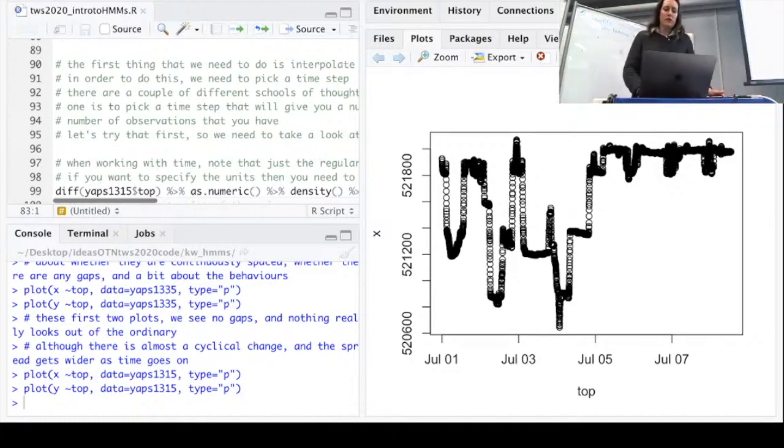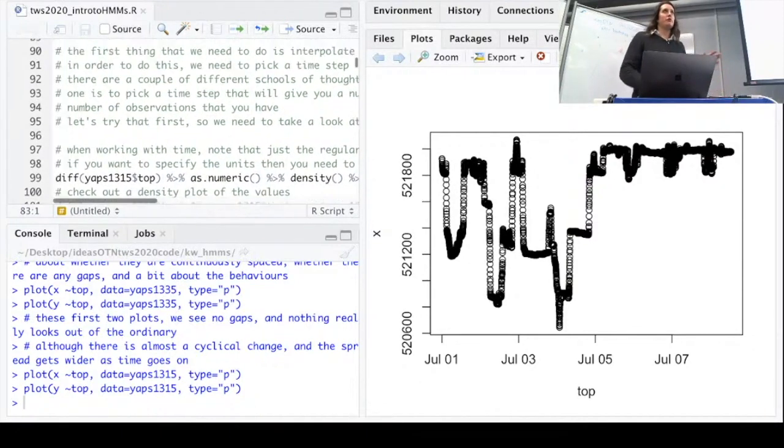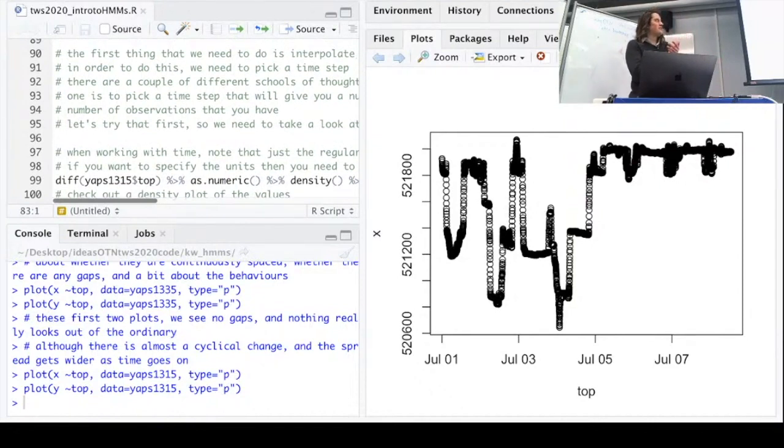But regardless, a good first place to start is by trying to pick a time step that will give you the same number of observations coming out as you're putting in. Okay, so if I have 1,500 observations, I want to temporally interpolate so that I have another 1,500 observations, as opposed to really decreasing that sample size.